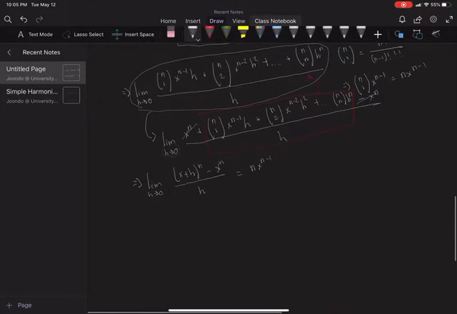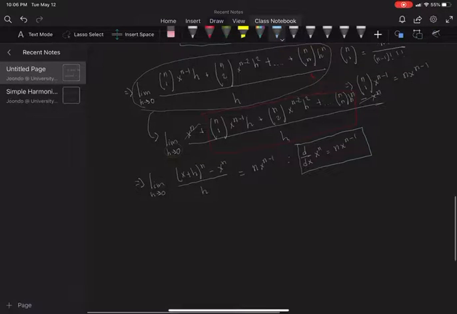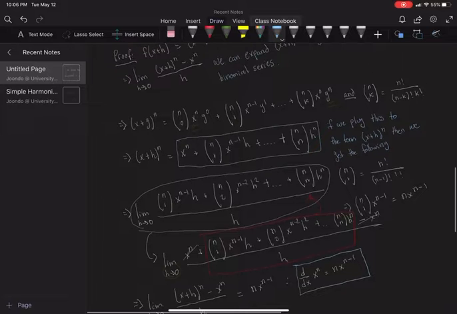So an example of this, and therefore the derivative of x to the n is equal to nx^(n-1). Alright.